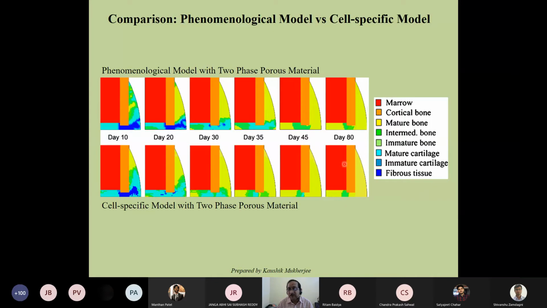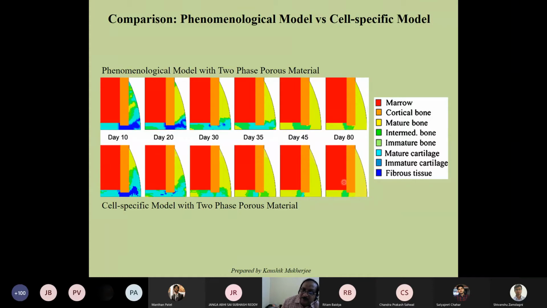But a very important result to note here is that if you compare the final outcome, when equilibrium in tissue differentiation has been achieved, there is hardly any difference in the newly formed tissues.